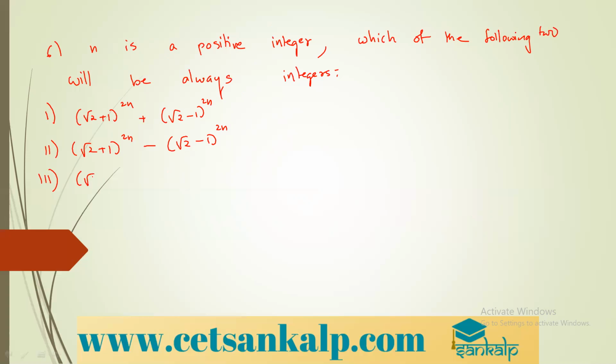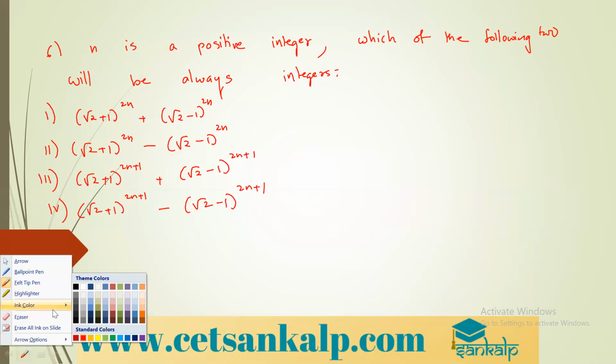Third one, (root 2 plus 1) whole power 2n plus 1 plus (root 2 minus 1) whole power 2n plus 1. And the last one, (root 2 plus 1) whole power 2n plus 1 minus (root 2 minus 1) whole power 2n plus 1. Two options I have to select.